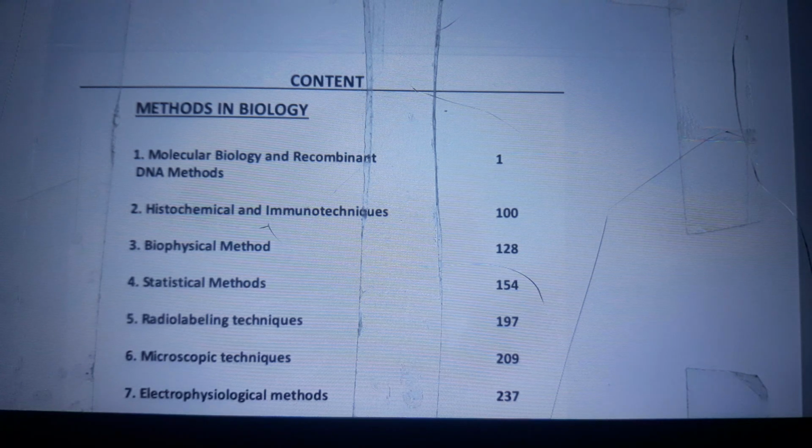Today we are dealing with Unit 13, which is titled Methods in Biology. The topics covered under this title are: 1.